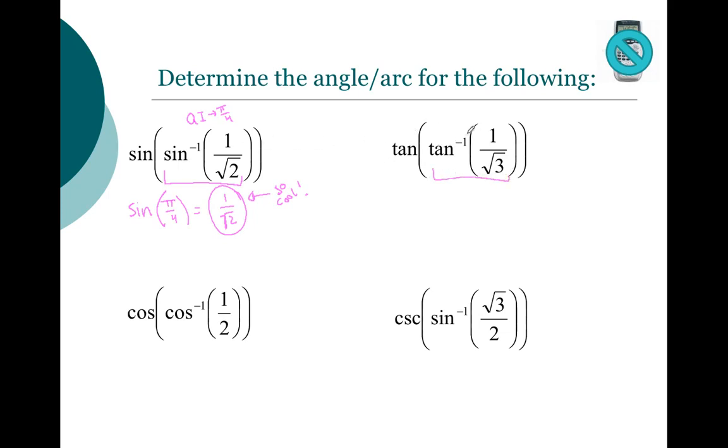The tangent inverse of 1 over root 3 is defined in quadrant 1. 1 over root 3, that's like 1/2 over root 3 over 2. So that tangent is going to be, let's see, I'm going to go radian style, 1/2 over root 3 over 2.